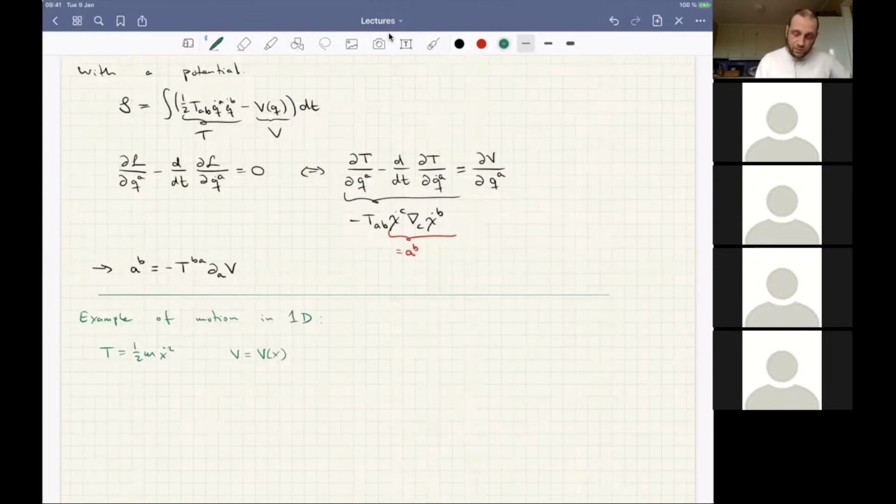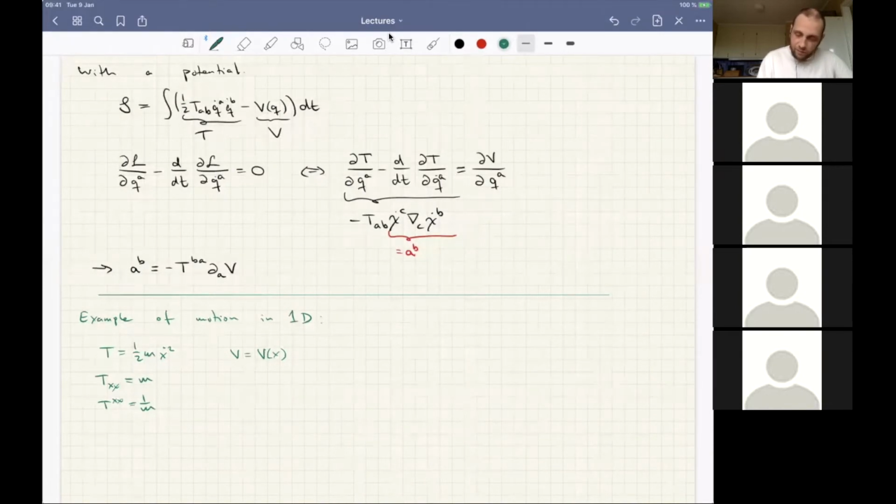And what this would tell us is that T_xx, the only component of this kinematic metric, is just m, which means that the inverse of that is 1/m.